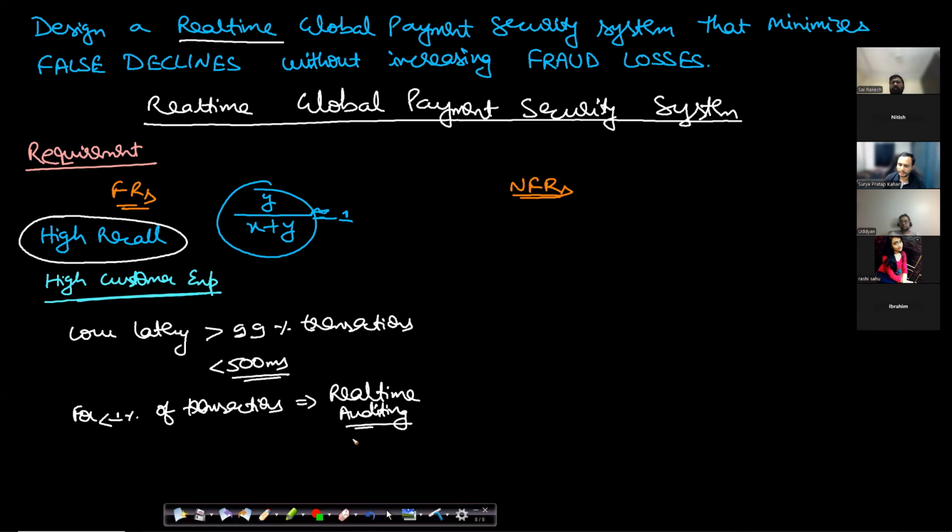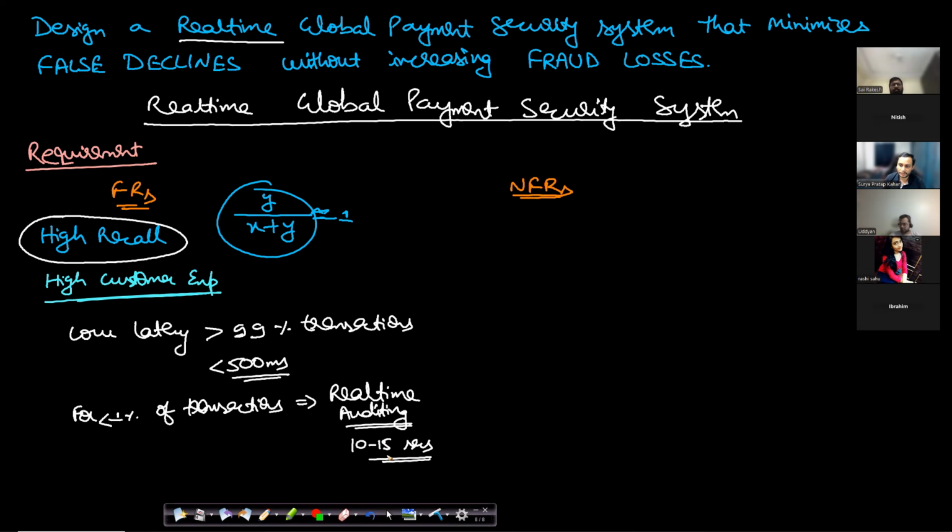And what should be the expected time? You have to know immediately that if you are trying to do real time auditing with reasoning, because you have to attach some reason to why you have declined something, it will take a lot of time, and we will be using an LLM in our design for that, and that may make it around 10 to 15 seconds is what I'm looking at.